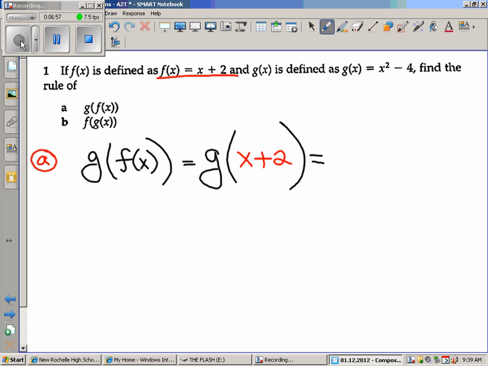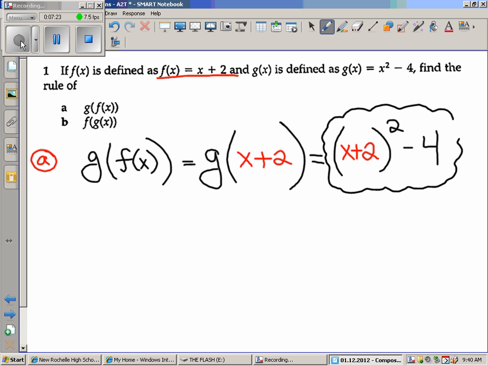And that's the same thing as me doing x plus 2 squared minus 4. That's it. That's all you got to do. I mean, you could multiply it out if you wanted to. Or you could just leave it like this, unless they say to literally expand it out. I'm okay with that.